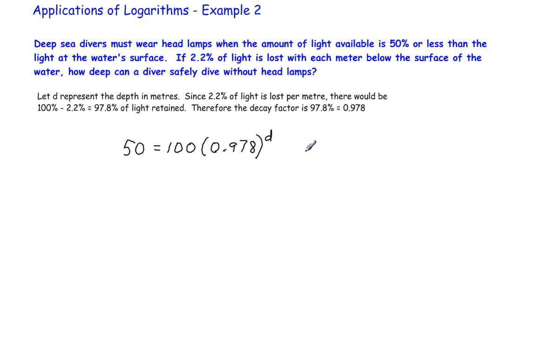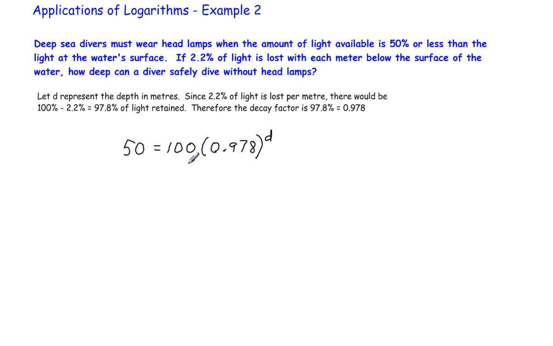So the toughest part is obviously setting up these equations accurately. But they all sort of have that same format where you have a final amount on the left-hand side equaling an initial amount, or a starting value, and then either a growth or decay factor as the base of your power. And d will represent the number of meters.